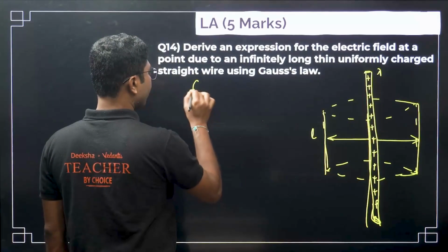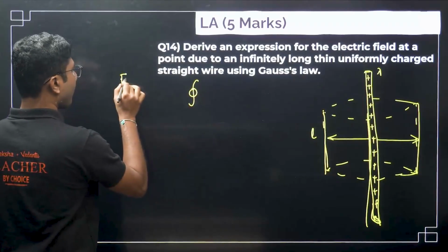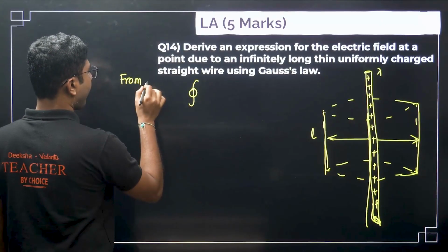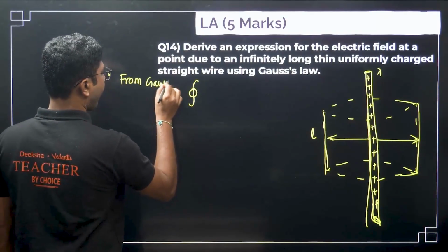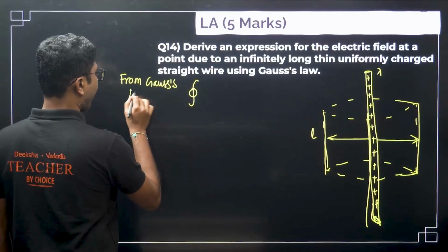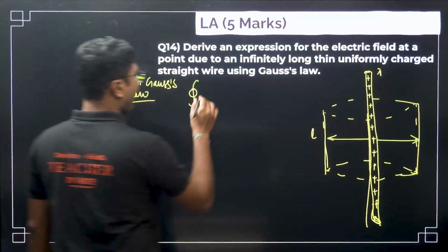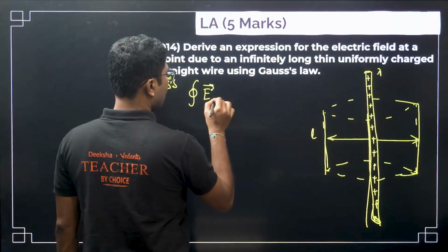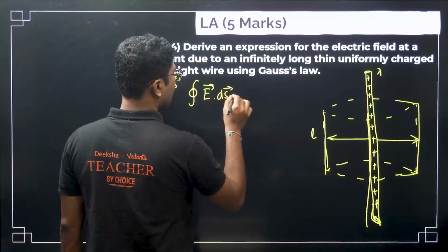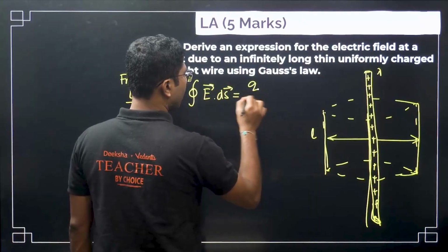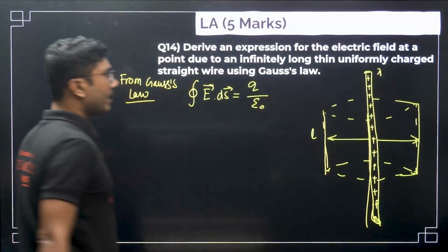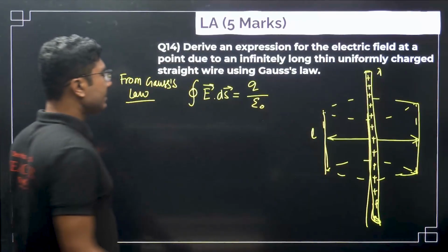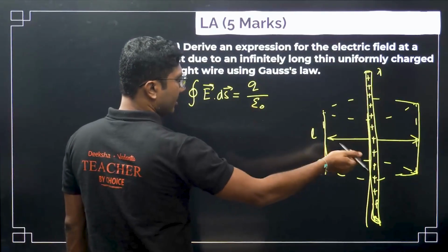So from Gauss's law, closed integral E dot ds equals Q enclosed by epsilon naught. Now the electric field is uniform.